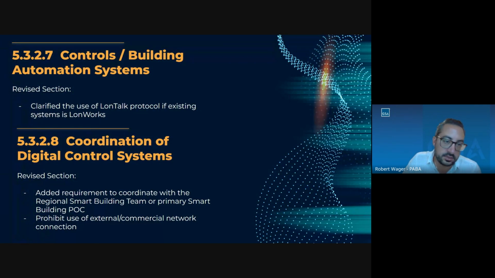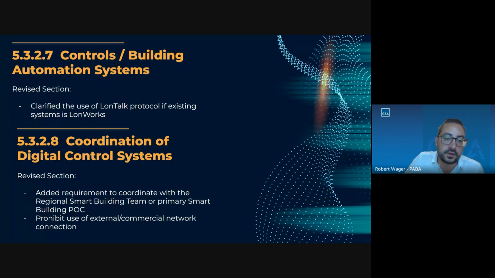Big updates to the controls sections. I'm not going to dive too deep into each one of these because it was extensive, but if you're keyed into all things BMS, building controls, automation systems, please review this and familiarize yourself with these changes.